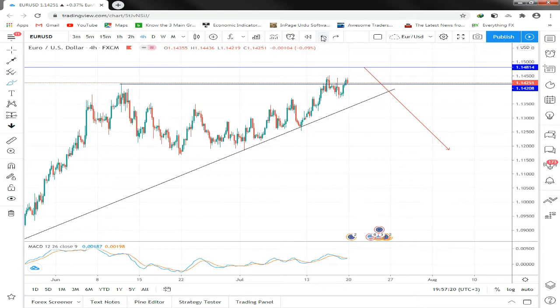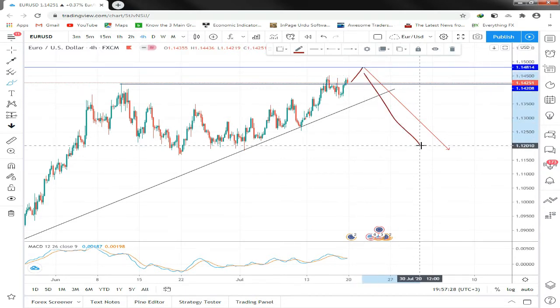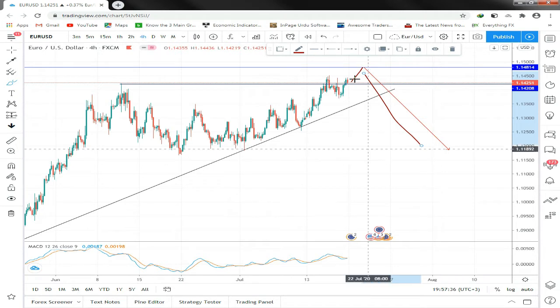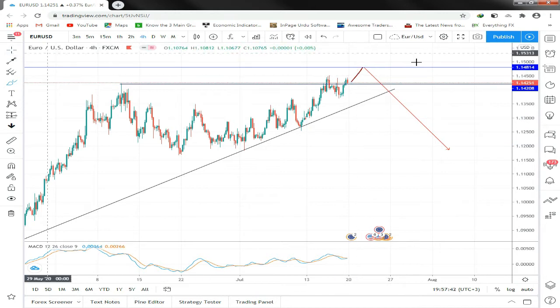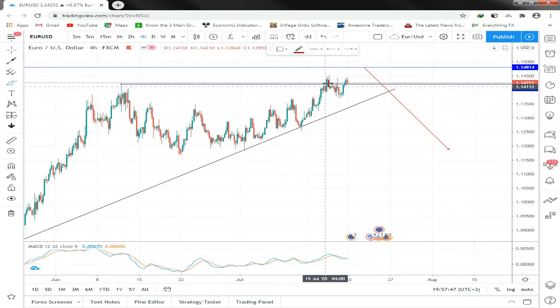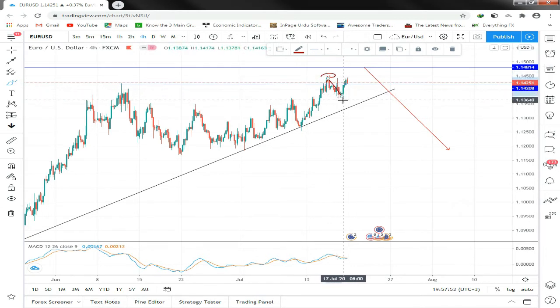So what will be the next move of Euro USD? Next week we might test this level before going downwards. I am still bearish in Euro USD. You see here the overall move: price broke this level and created another higher high, then suddenly sellers appeared to come in and push the price low, and then price moved further upwards.